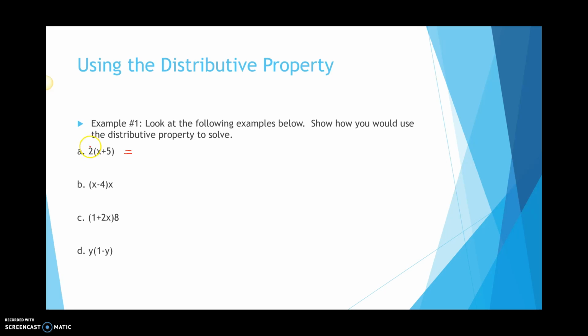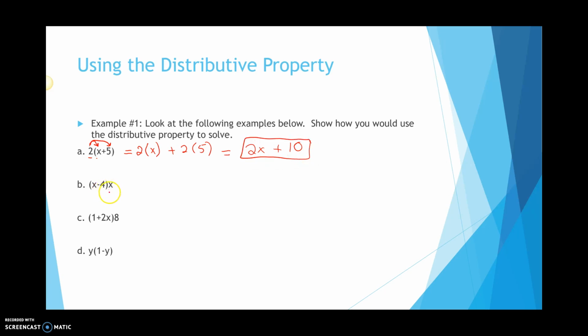We distribute 2 to the x, meaning we multiply 2 times x, and then we distribute 2 to the 5. So we look at this as 2 times x plus 2 times 5. When we simplify, this is 2x plus 10, and that would be my final answer.